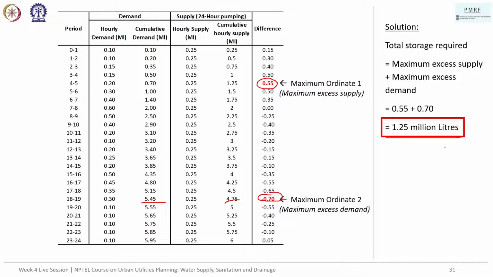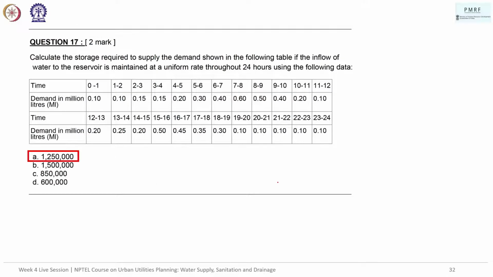However, we should be adding this value. This will be the balancing storage. It will balance this difference in supply and demand that is happening in the city. That is why it's called balancing storage. I hope that answered your question also, right? So that will be our answer for this.